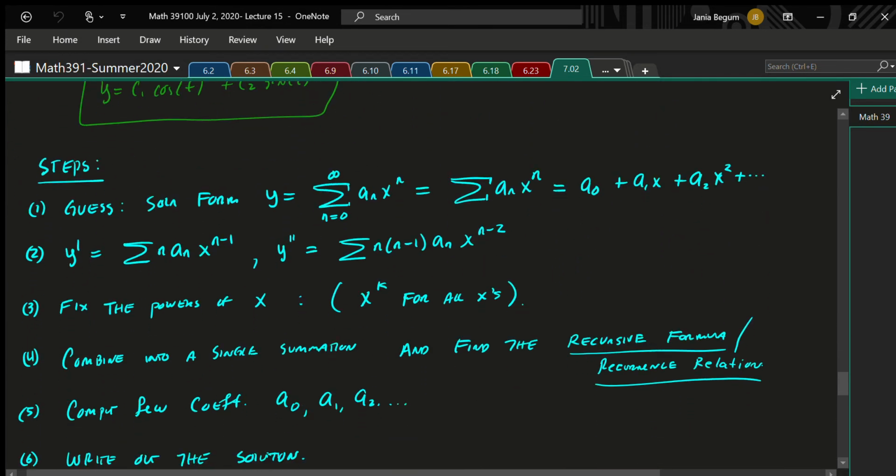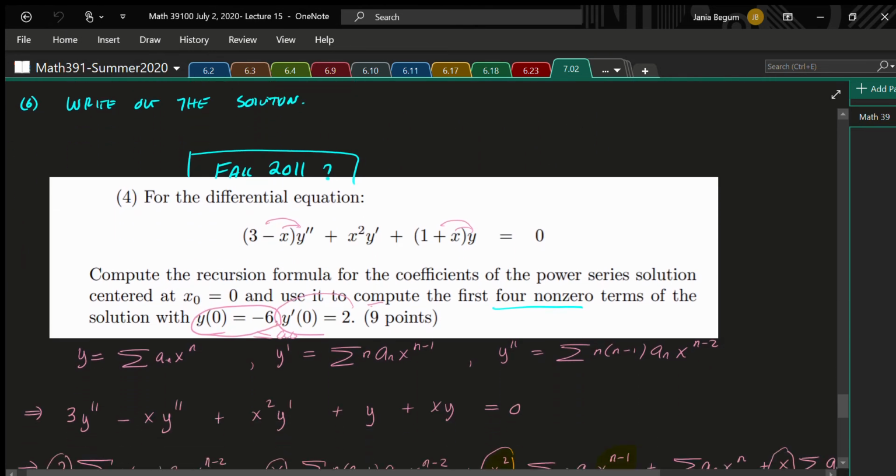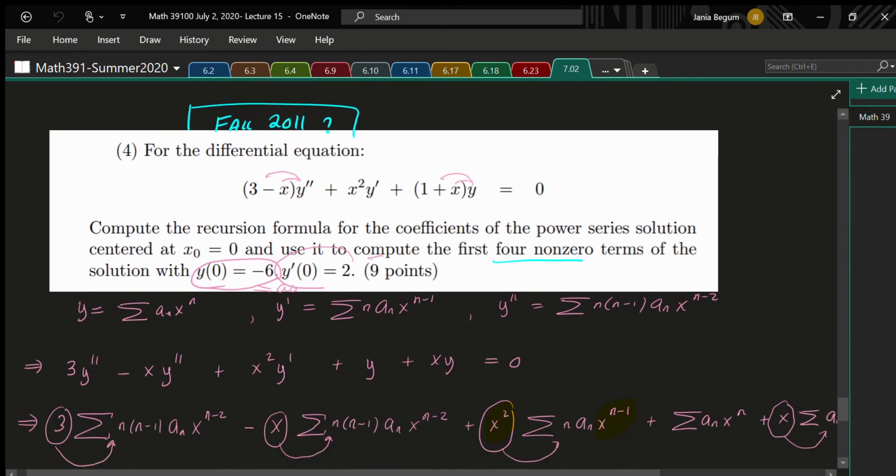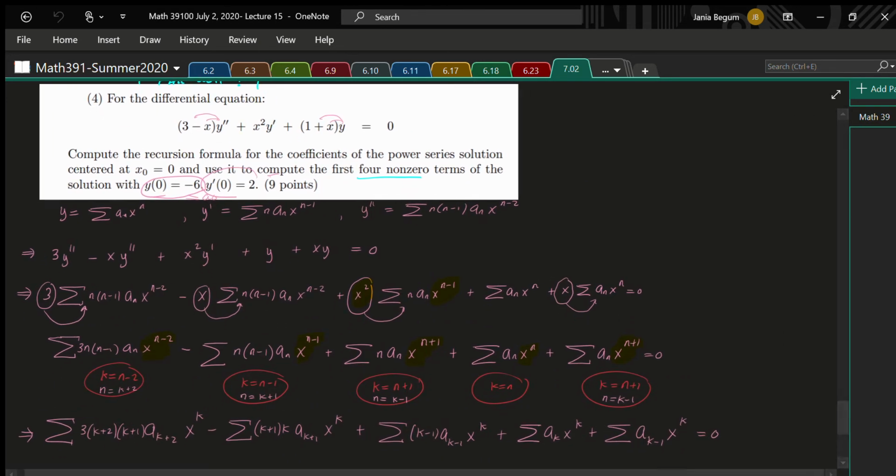And then we started working on this problem last time. This was one of the questions from a past final, and this was a pretty long question. We did almost all the work for this problem last time, but we didn't really get to find the coefficients.